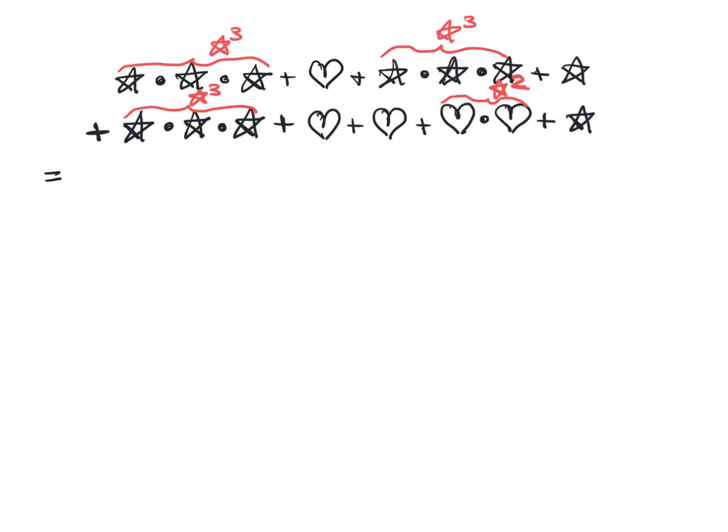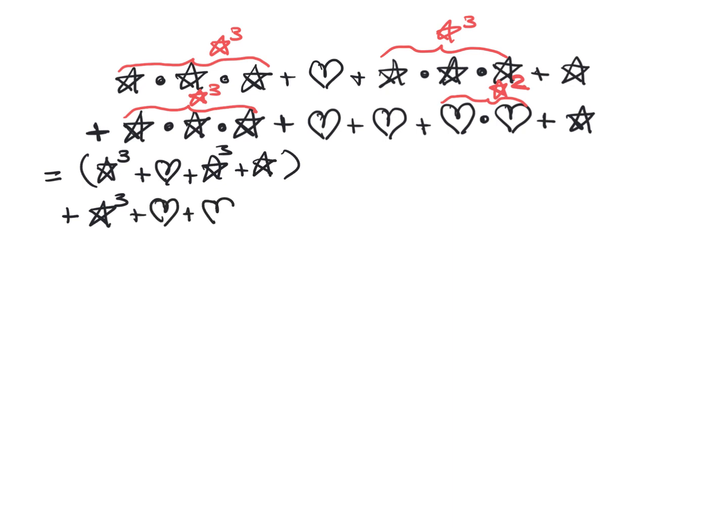Okay, so let me rewrite these polynomials. So the top one is star cubed plus heart plus star cubed plus star. Oops, I forgot the cubed. Okay, and then the second one is star cubed plus heart plus star squared plus star.